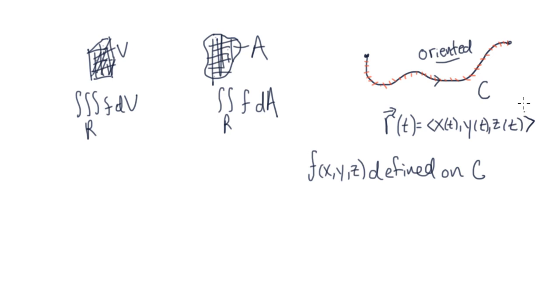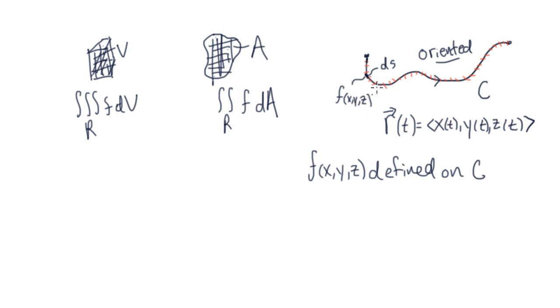So we can actually just think about a function defined on this curve C, and then for all of these small little pieces, and now these small little pieces here, I'm going to call ds, so they're going to be just kind of elements of the curve, or small little length elements. So here we had volume elements, here we had area elements, now we'll have little length elements pointing along the curve. We can take the function value at that point, so f of x, y, z, and we can just multiply it together.